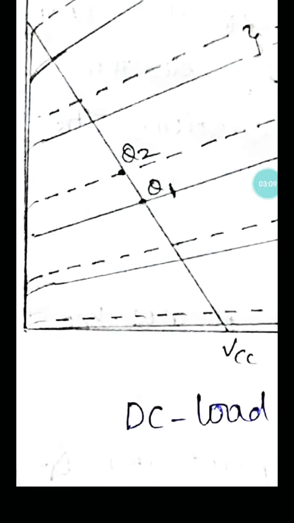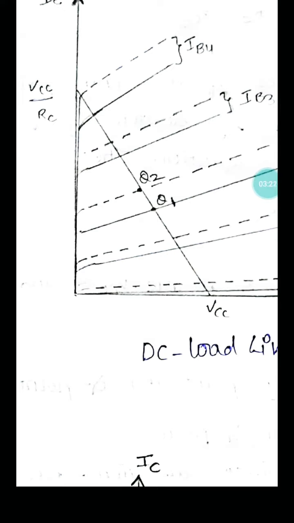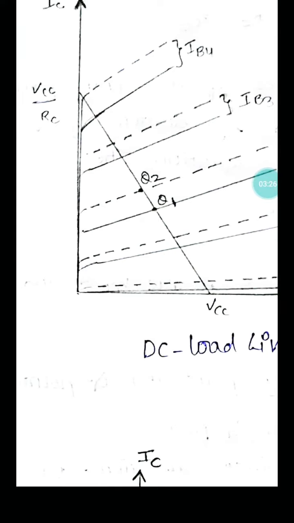The cutoff region and saturation region touch one line, and at the middle of the line we can point, that point is called Q point. How will we get the Q point? Just vary the input current and output voltage.